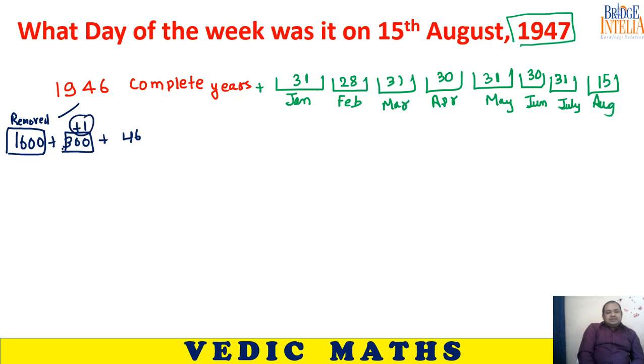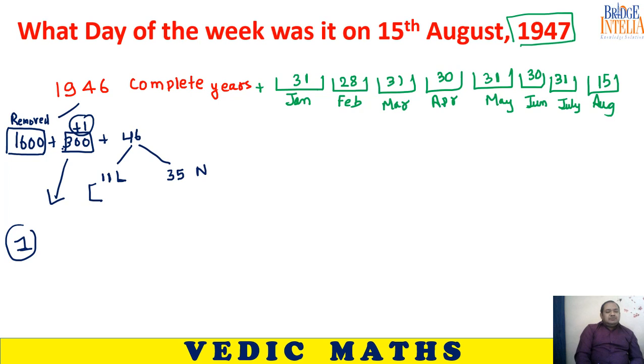So we already know the answer of this portion, one extra day. So we have to only solve this. 46 years. So in 46 years, how many leap years are there? So divide 46 by 4. So 11 fours are 44. So 11 leap years, that means remaining 35 are normal.